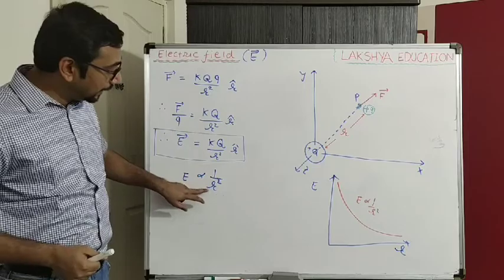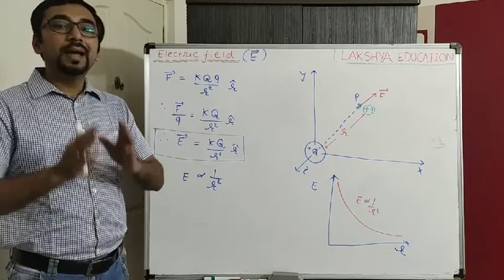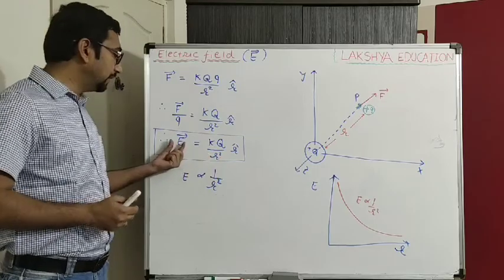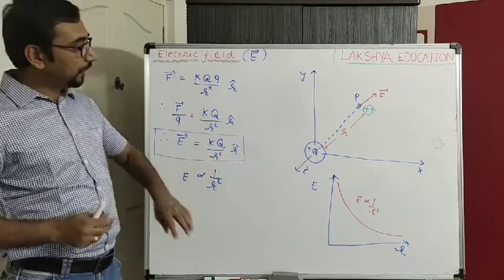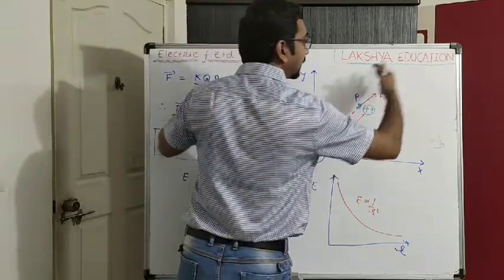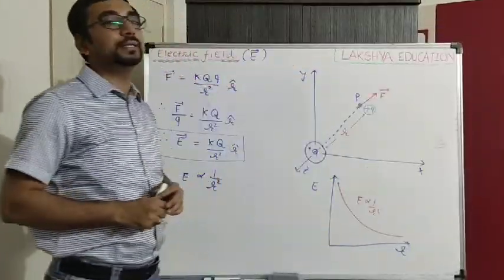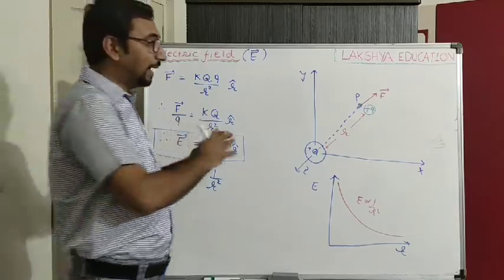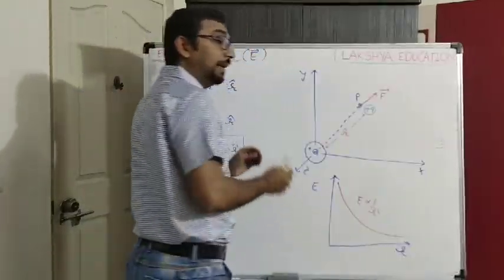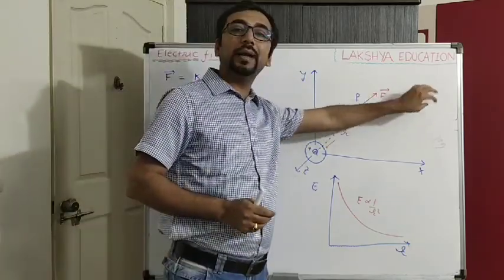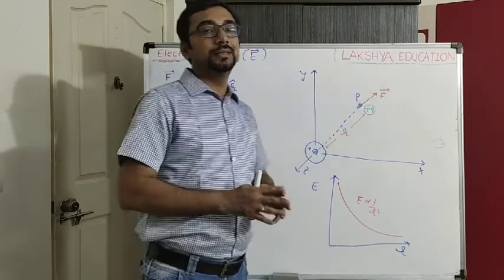Mathematically, electric field will become 0 at infinite distance. If we put infinity over here, then E will become 0. Theoretically this charge can create electric field up to infinite distance, but practically this is not possible. After a certain distance, the electric field will be so small that it won't create any effect on another charge.